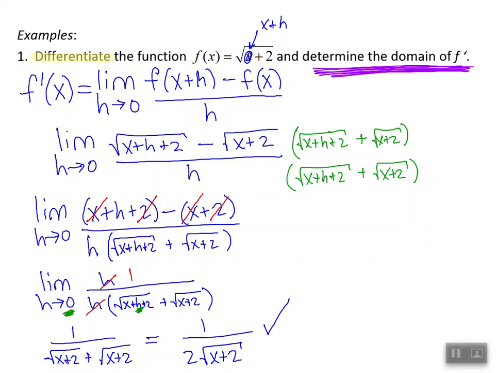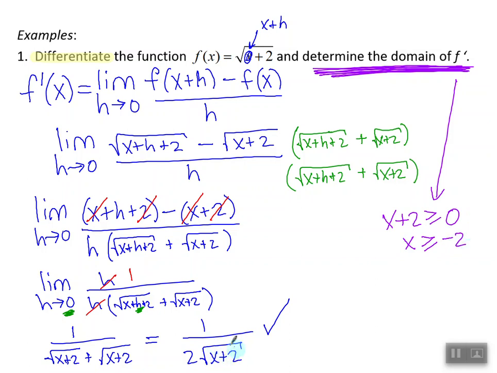Let's begin by checking out the domain of the original function. Now, of course, a radical function can only be positive. We can't take the square root of any negative values. So we're going to start by saying that the stuff under the radical, x plus 2, can only be greater than or equal to 0, which means x can only be greater than or equal to negative 2.